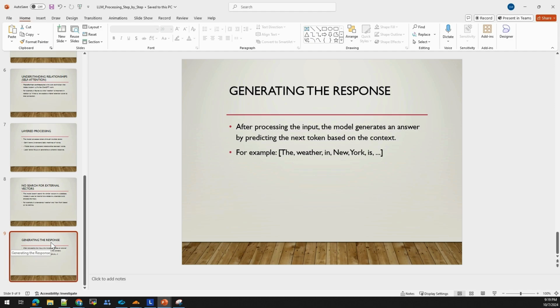It predicts the next word based on what it has learned, and it keeps predicting until it forms a complete sentence. It's like writing a story one word at a time. So in our example, the weather in New York is, and it starts to complete everything.